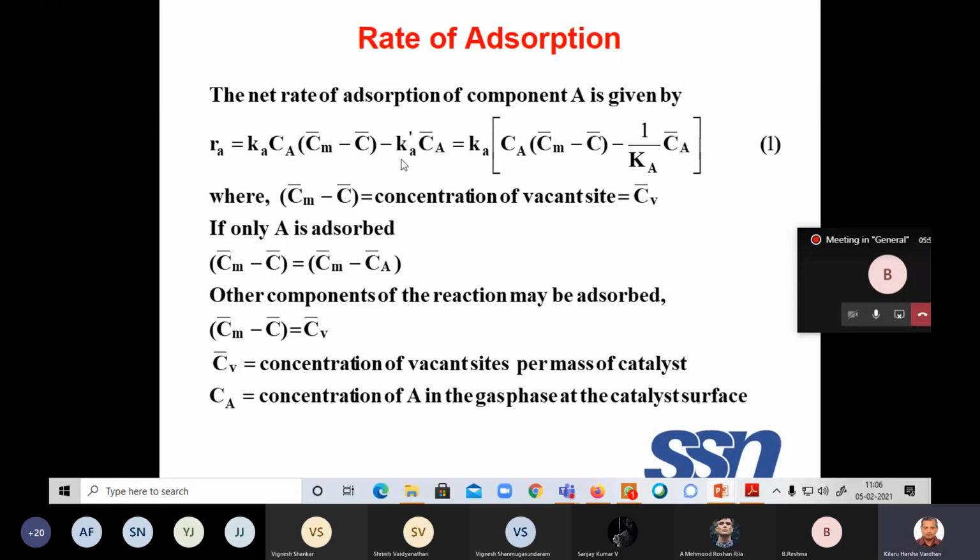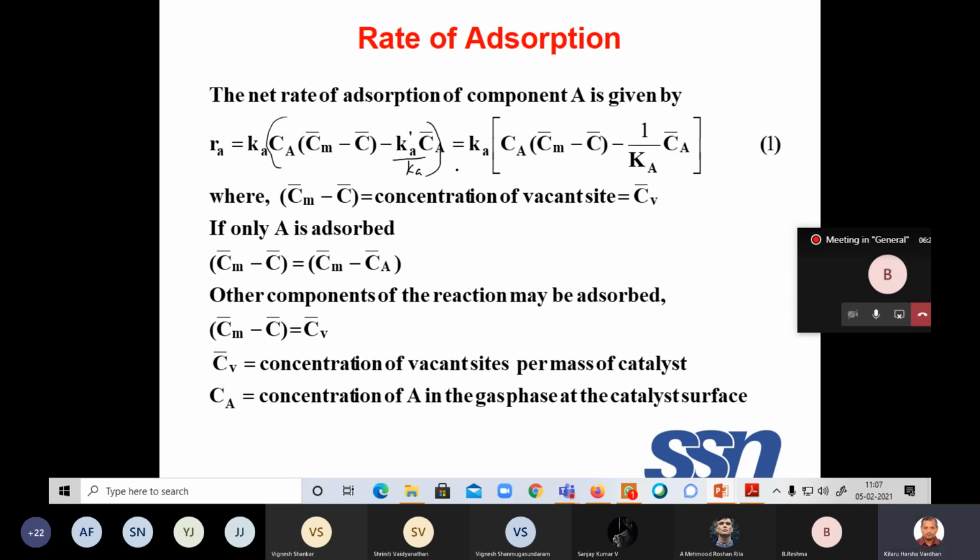So we can take Ka outside. If I take Ka outside, this becomes Ka star divided by Ka. I can put this Ka here, and then take it out like this, right?